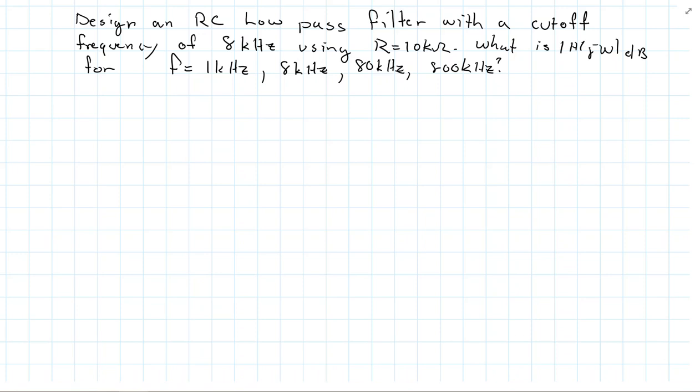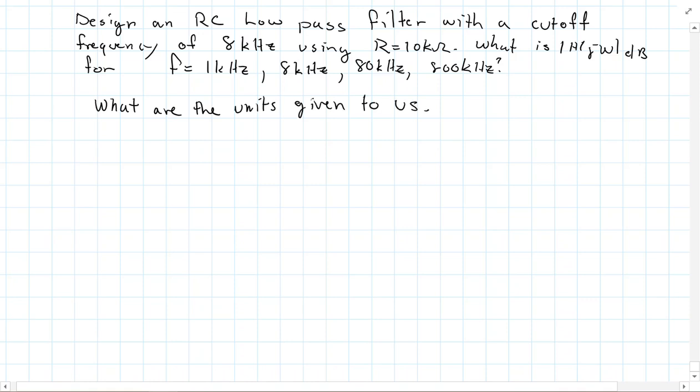Now, the one thing we have to keep in mind when we do a design is, well, there's two things. One, we have to be able to draw the circuit, but the other is, what are the units given to us? And what do I mean?